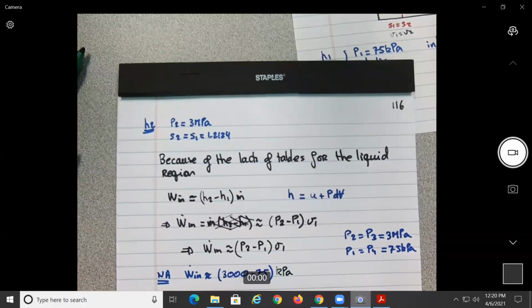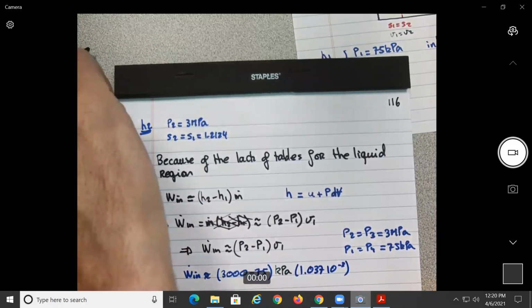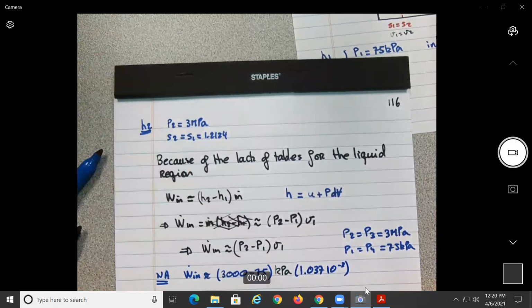Times V1, that we say is 1.037 times 10 to the minus 3. And this should be cubic meters per kilogram.